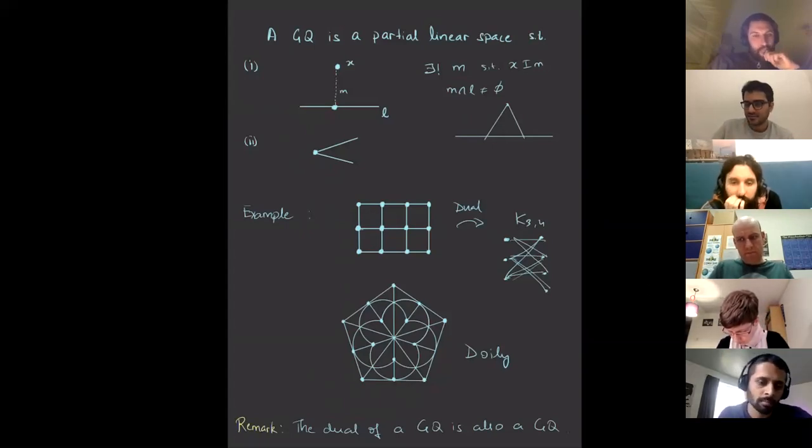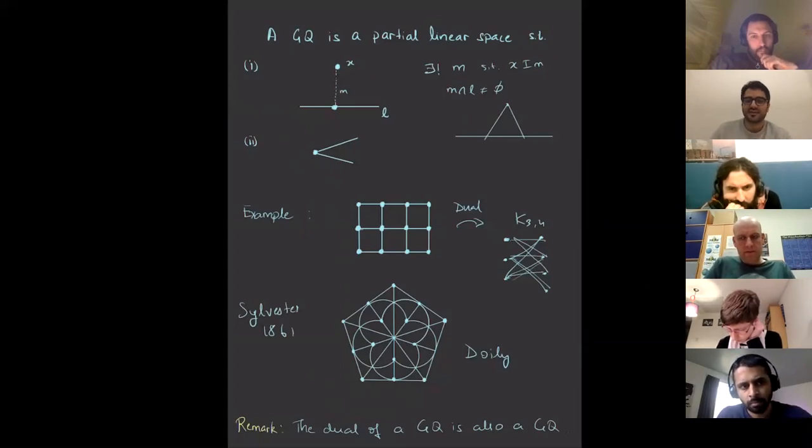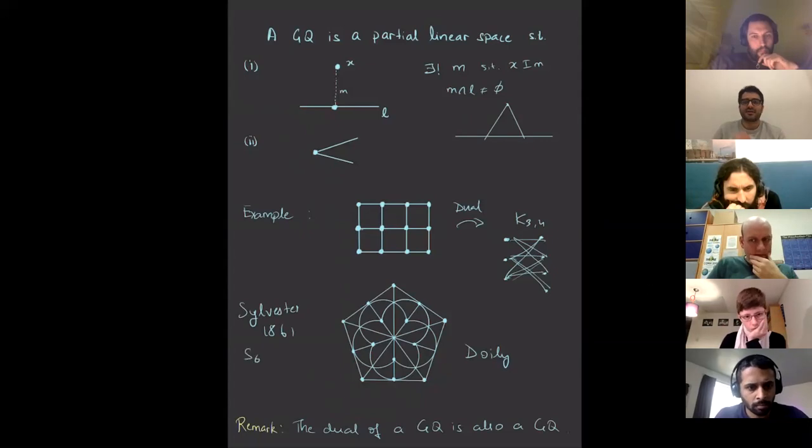And this incidence structure, because I like it so much, I'll mention it's already due to Sylvester from 1861. Of course, there was no notion of generalized quadrangles or whatever, but this object has existed since then. And in fact, it is related to the symmetric group S6, the symmetric group on 6 elements.